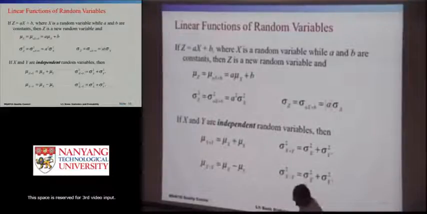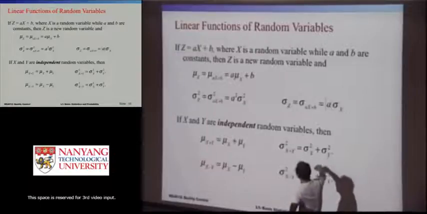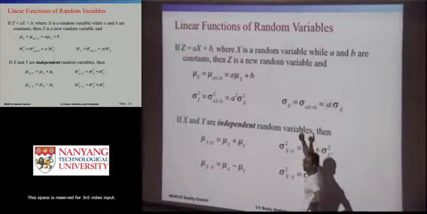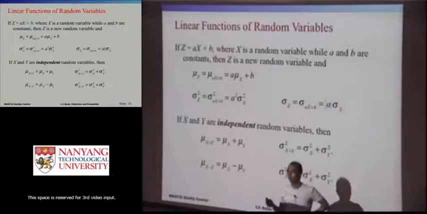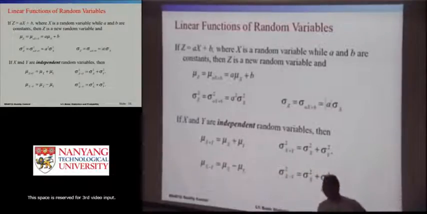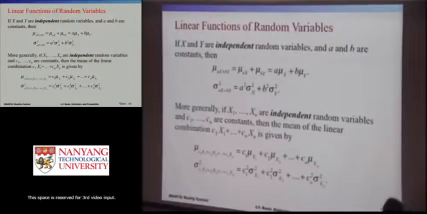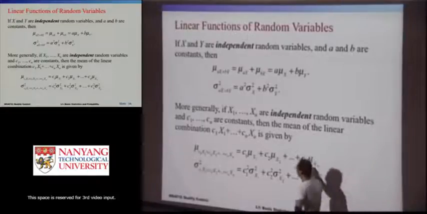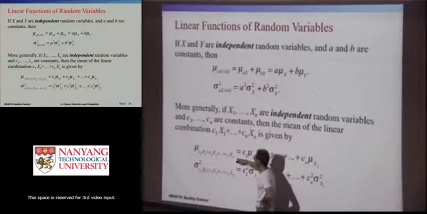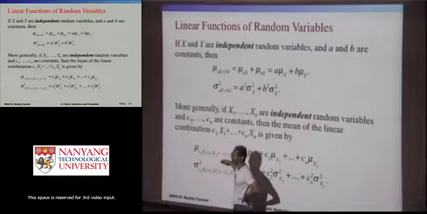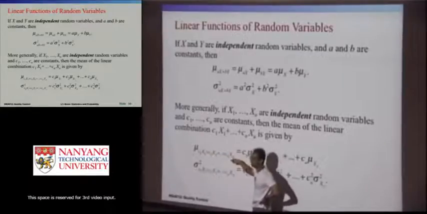So this is a more general case than the previous one. We extend the situation from one random variable to two random variables. And in the next slide, we can extend this further. We can add a constant before each random variable, and then we get this relation. And we can even go further to n random variables. It's the same, as long as it's a linear function. So this new random variable is a linear function of n random variables.